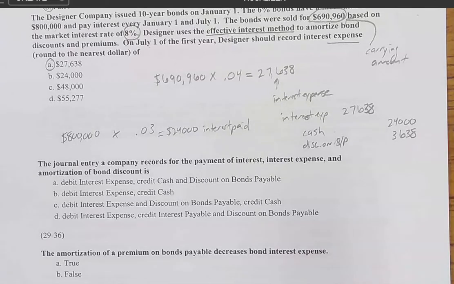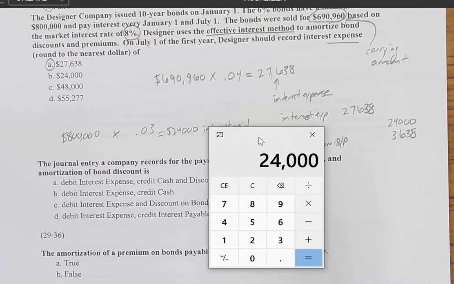Make sure I did that right. For some reason that doesn't look right. 24,000 plus 3,638 equals 27,638, so it is right.